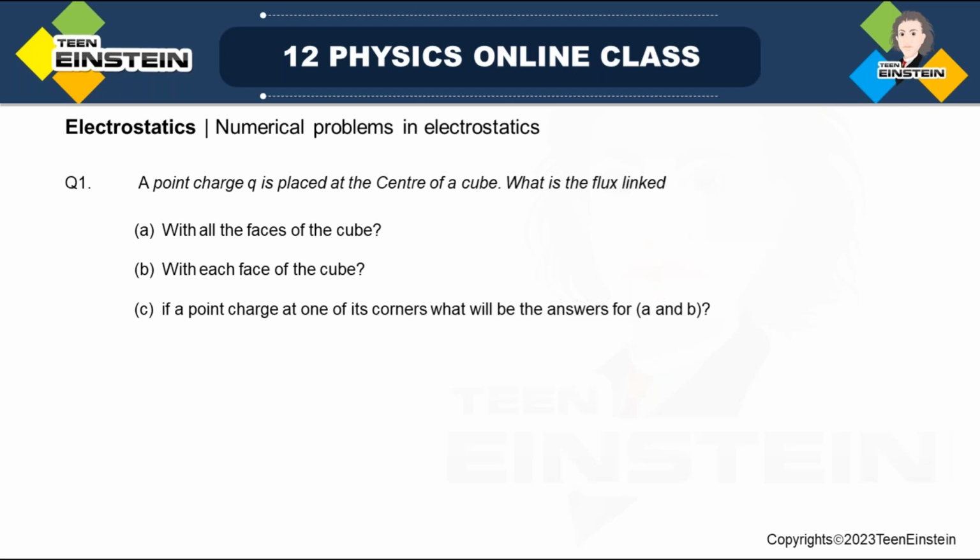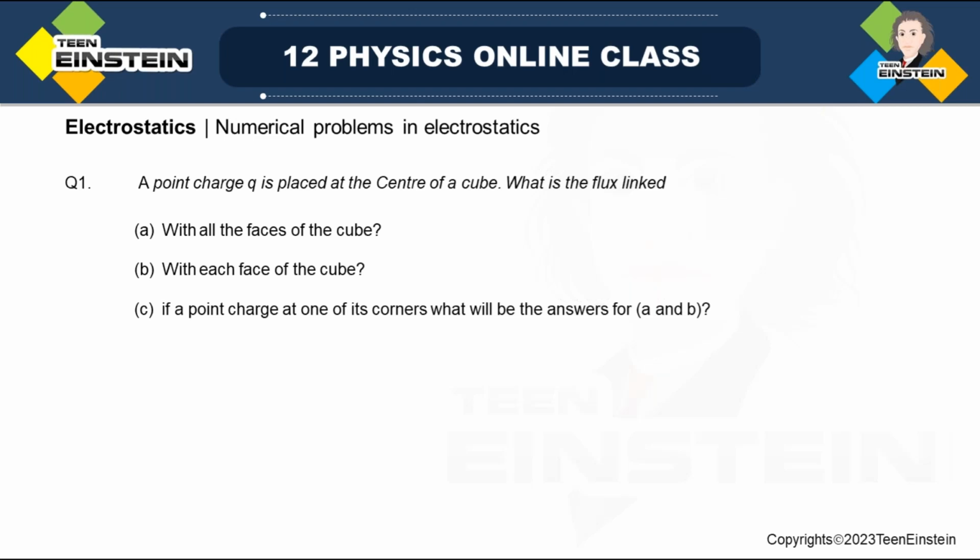So we'll try to solve a few numerical problems which are typically asked in various competitive exams or in CBSE board exams, etc.